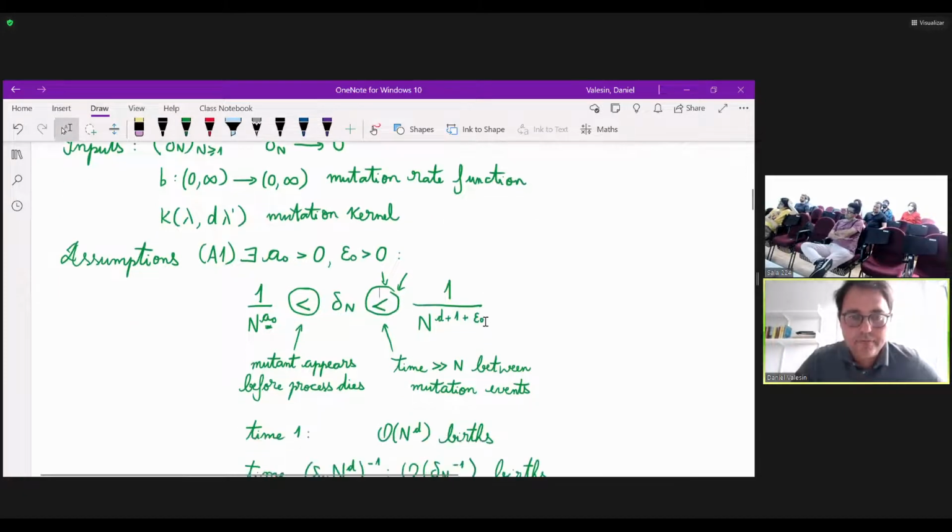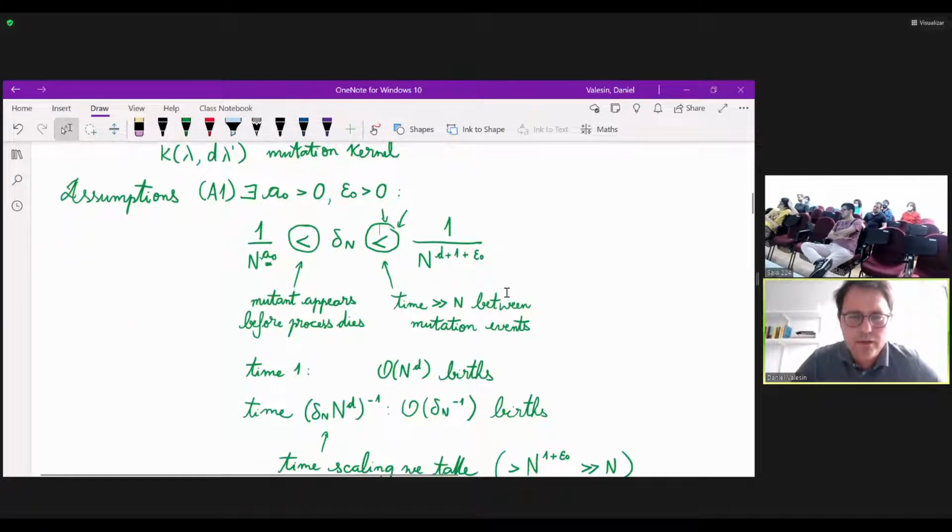So here I'm explaining why we, so let's look at this. When you let this dynamics evolve for a time of order 1, so for one second, let's say, the number of births that you observe is of the order of the volume of the torus. So it's order n to the d, because you have some sites that are occupied, some that are empty, and the number of births occurring in one unit interval is of the order of the volume of the torus.